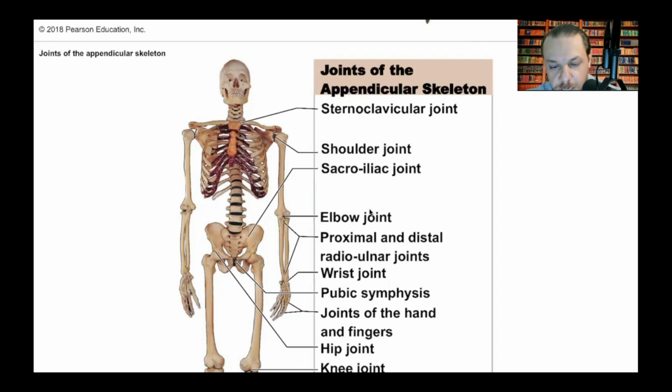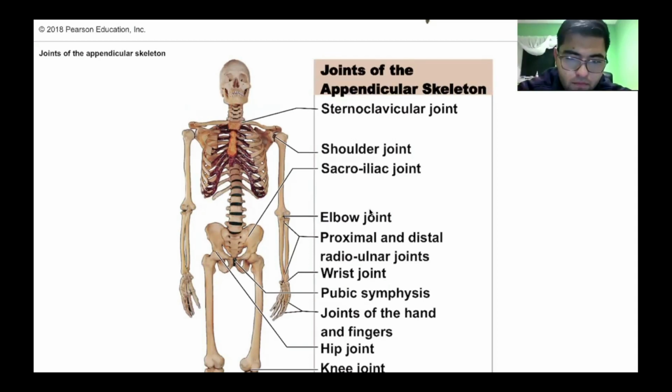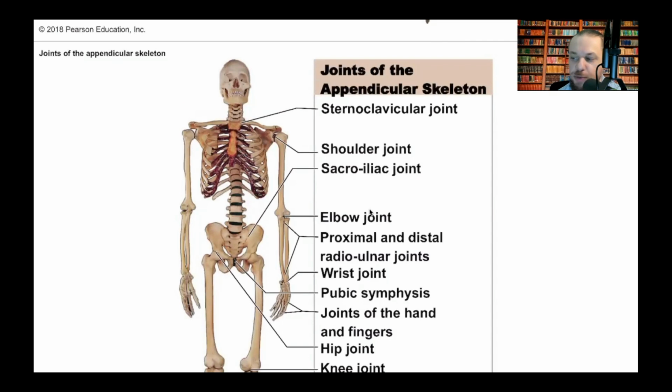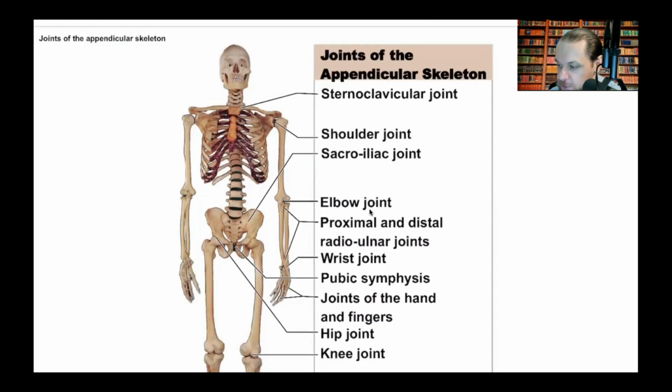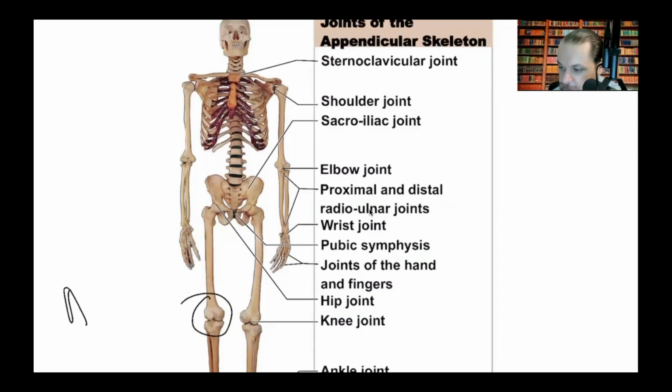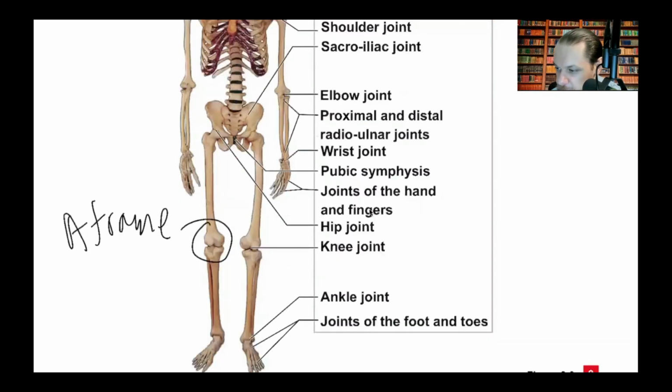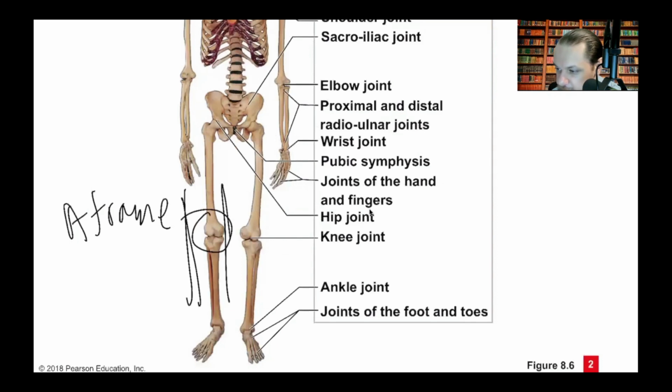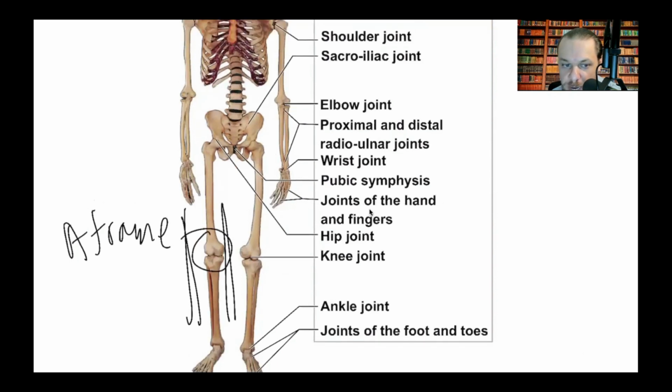Shoulder joint. What about the elbow joint, or the knee joint? What type of splints do you commonly employ for those? The A-frame splint, right? You basically put two boards side by side, and the joint will be bent.